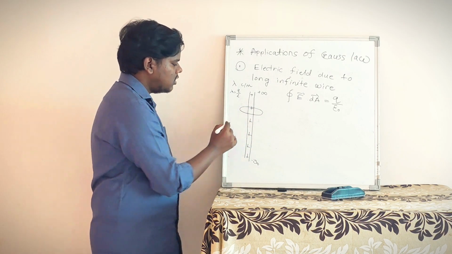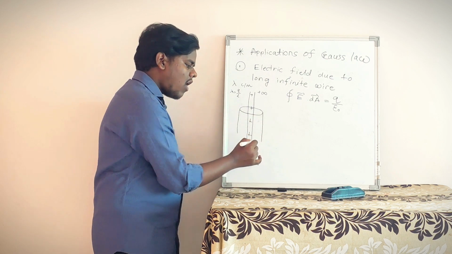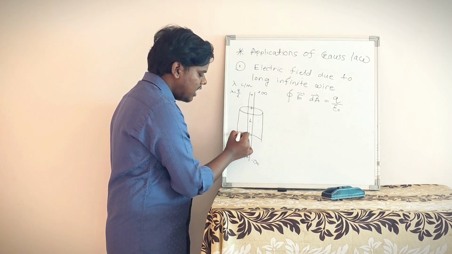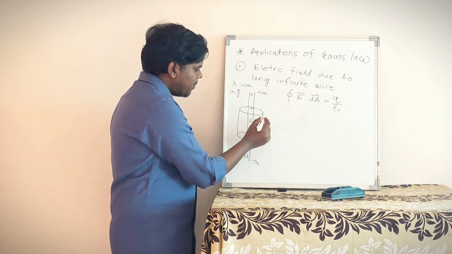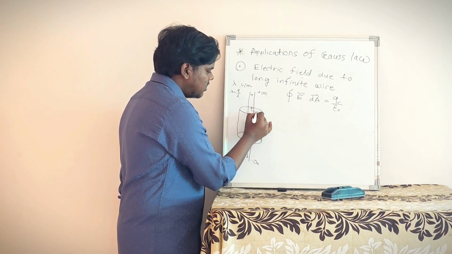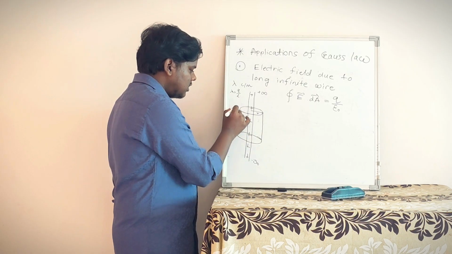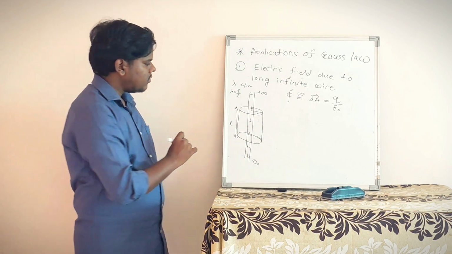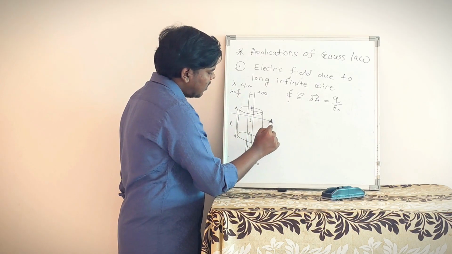Let's draw the Gaussian surface. This wire is of cylindrical shape, that's why we are drawing a cylindrical Gaussian surface. This is our Gaussian surface. Let's say this is radius r, and let's say this length is L. Now electric field lines will be like this.